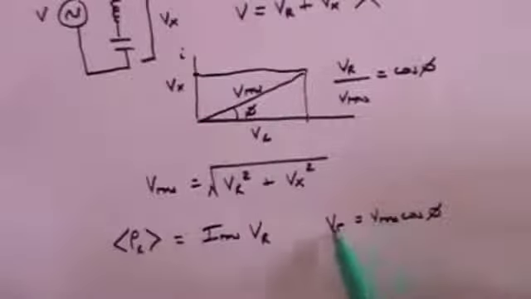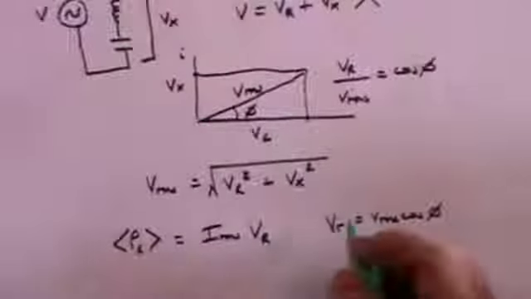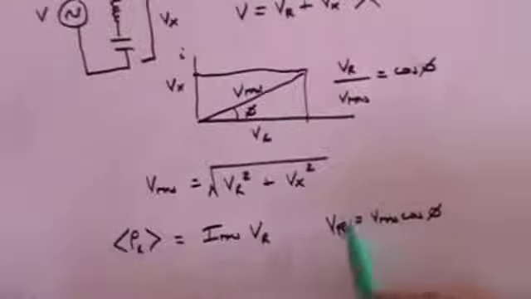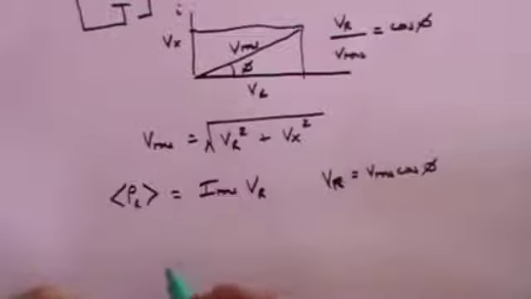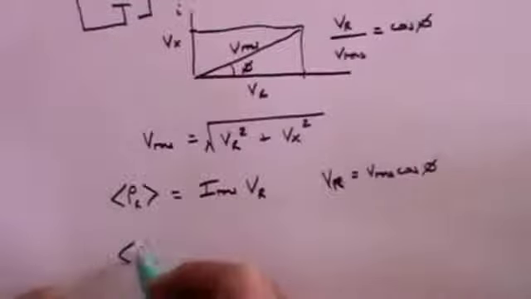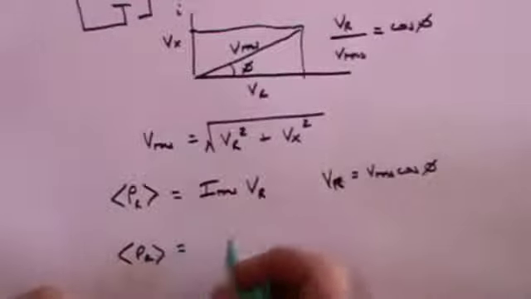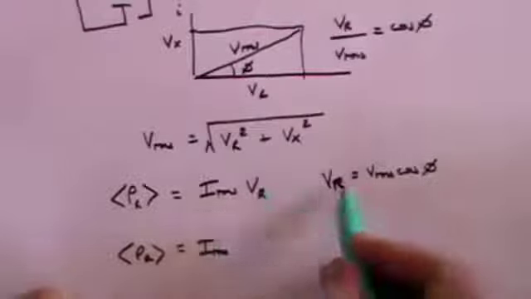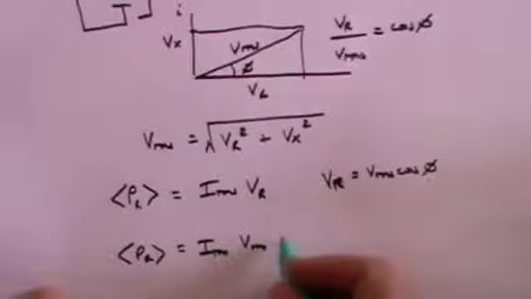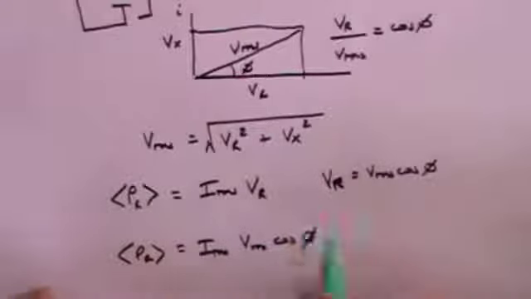So we can substitute this VR for here, and that means that we get that the power loss across the resistance is equal to IRMS, which is this term here, times VR, which is VRMS times the cosine of the angle phi.